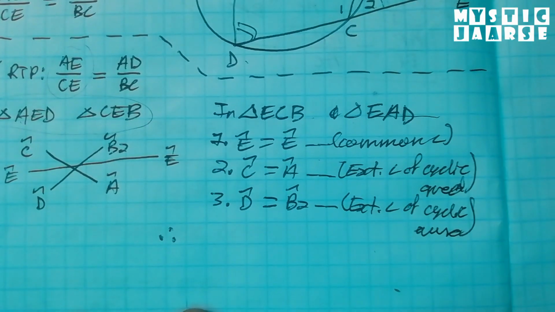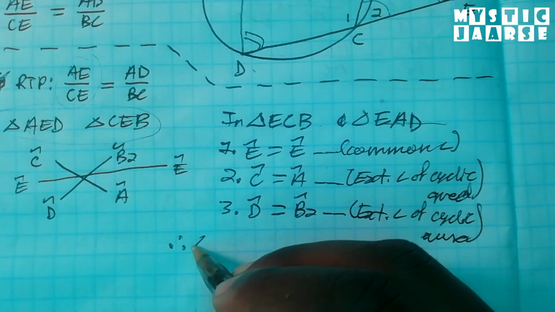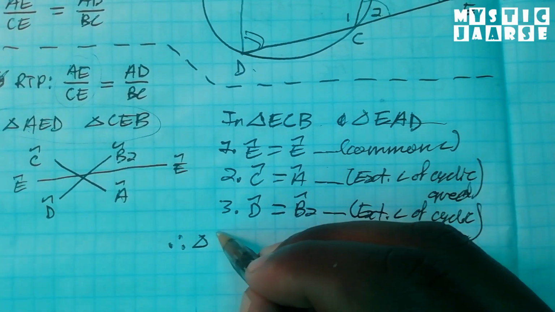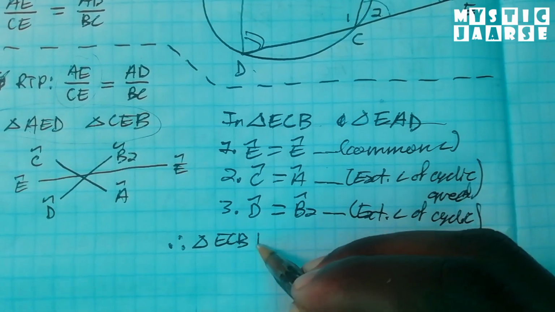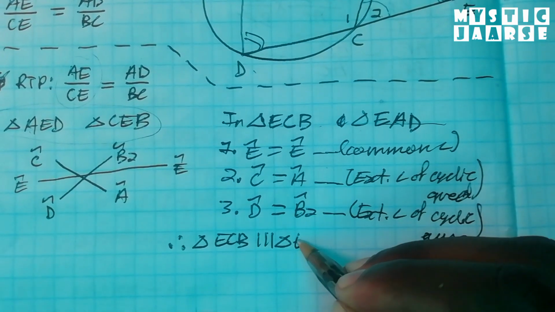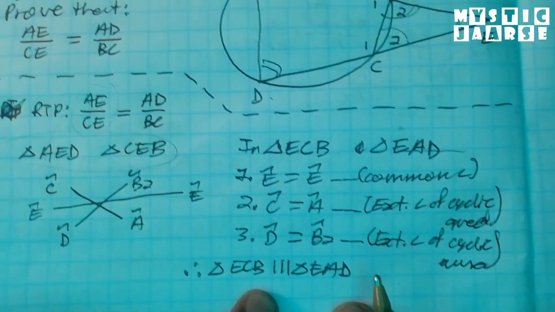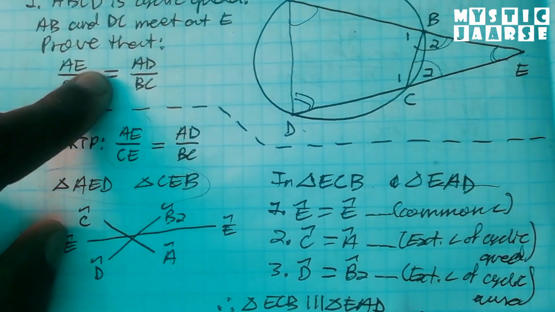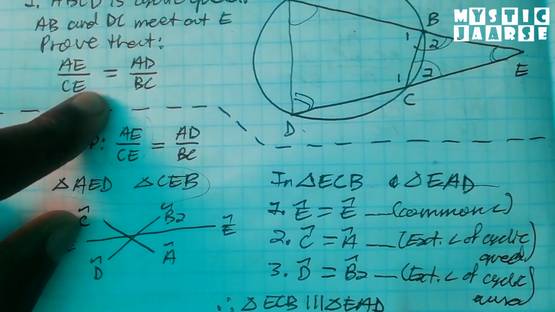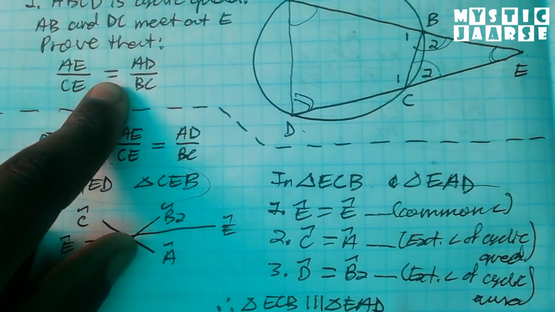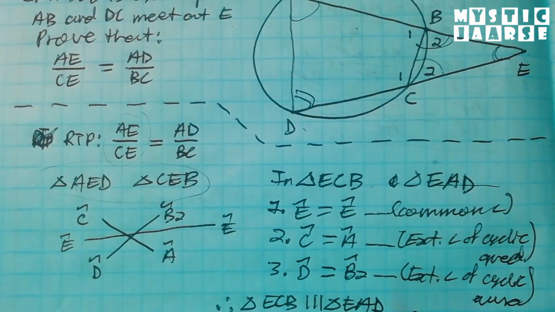Therefore, we can conclude that triangle ECB is similar to triangle EAD. And now from here we can prove that the ratio of this pair of sides will be equal to the ratio of this pair of sides.